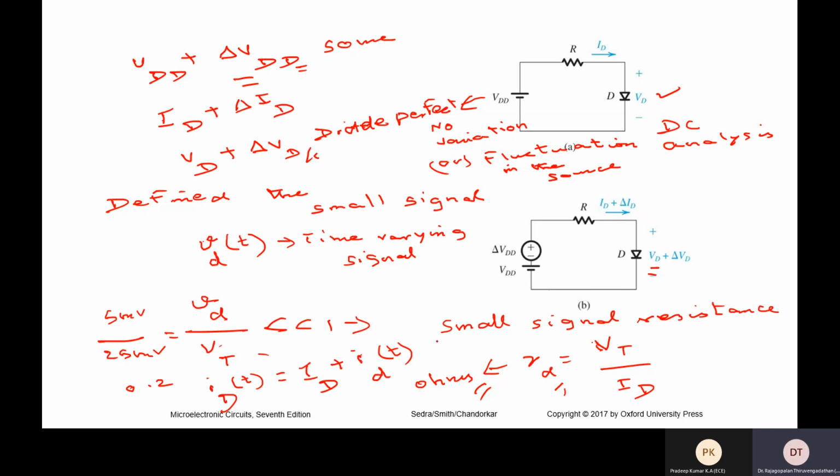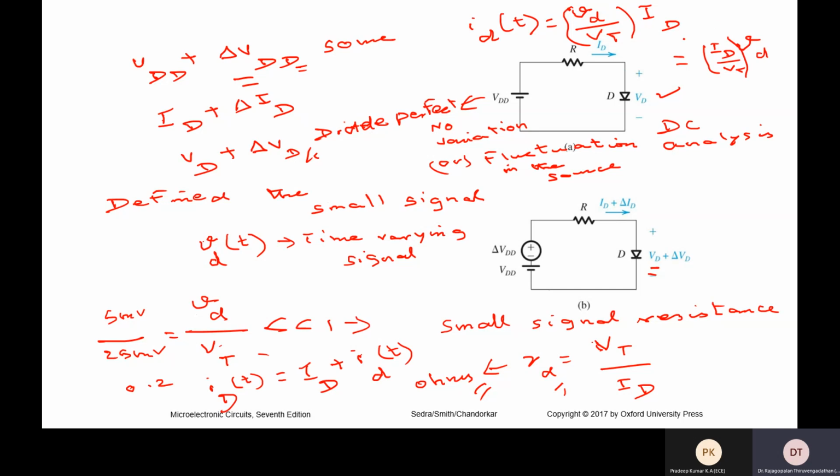And this small id of t we found to be equivalent to, remember this, ID by VT into vd. I took the vd outside and wrote ID by VT. I'll get this equation once more.